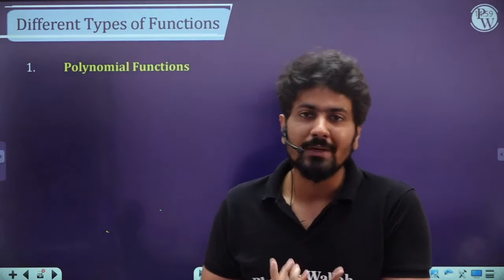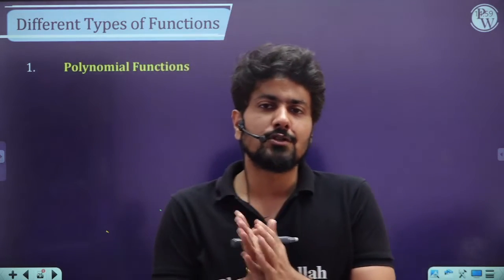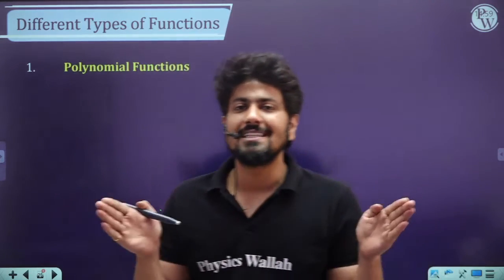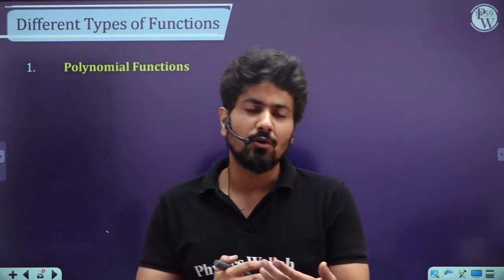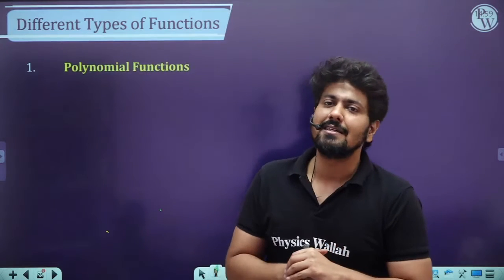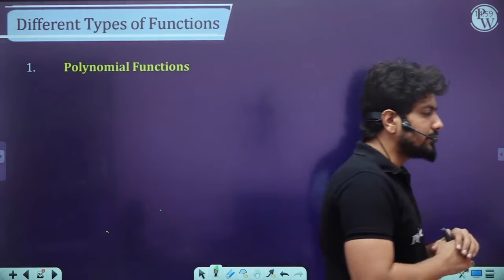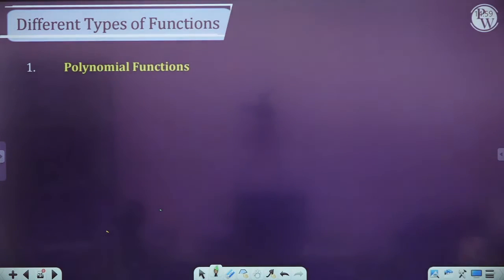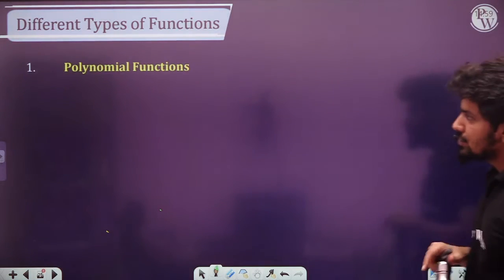You have seen cubic polynomial. So first of all, we'll be learning all about these polynomial functions because it is very important. Later on in quadratic equations, you will again see these functions. So we are going to start from the basics of what polynomial functions are.